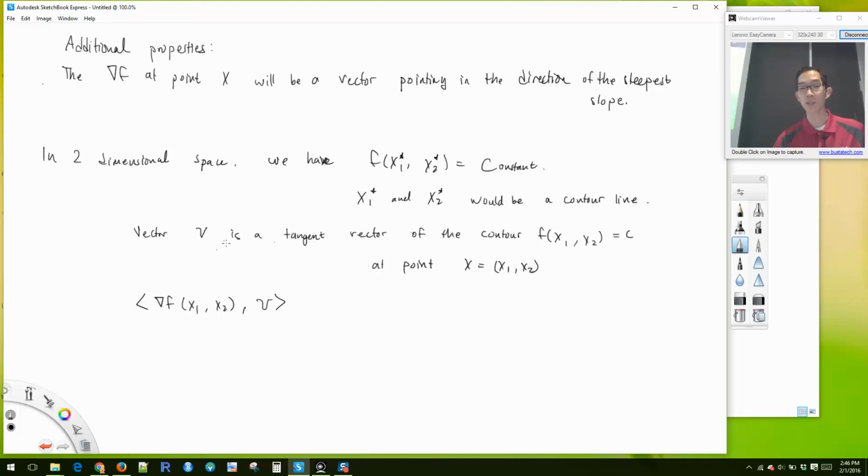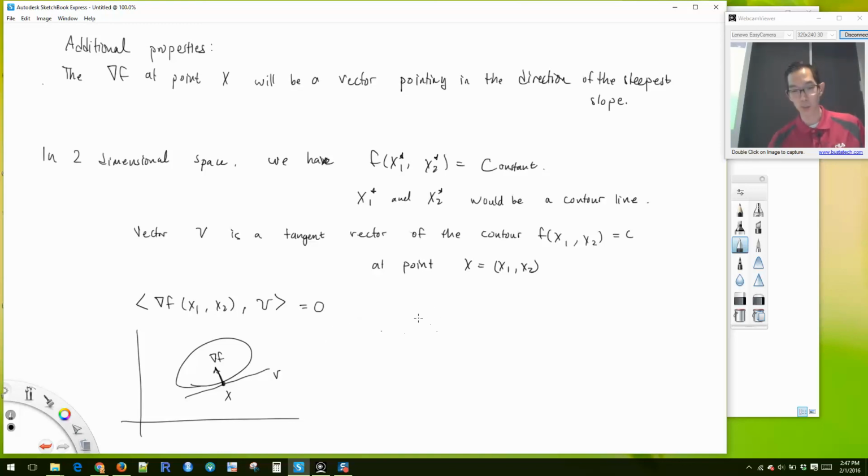So v is the vector that's tangent, okay? And this is the direction of steepest slope. Yeah, this is going to be 0, okay? Because we've got some kind of contour here, right? And then we've got a vector tangent at point x. This is v, okay? And our gradient is going to be this direction over here. And so the inner product there is going to be 0, okay?